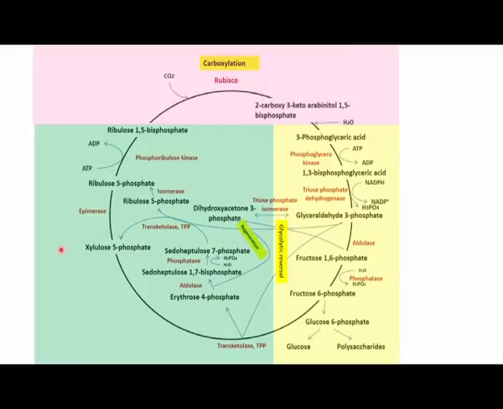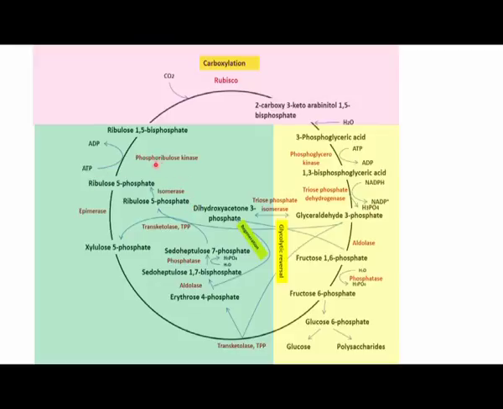The enzyme in the case of xylulose 5-phosphate is known as the epimerase, whereas the enzyme in the case of ribose 5-phosphate is known as the isomerase. So, ultimately the ribulose 5-phosphate is formed from the xylulose 5-phosphate as well as the ribose 5-phosphate.